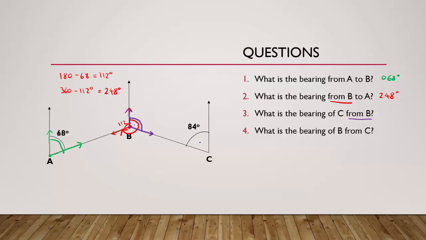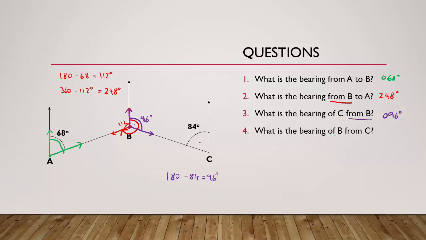So if this is 84, this will be 180 take away 84. So 180 take away 84 is 96 degrees. So this angle here is 96 degrees. So that's the angle I'm trying to work out. So my bearing is 96 degrees, but I can't just leave it like that because it needs to be a 3-digit number. So I need to stick a 0 in front of that, and 096 degrees is the correct answer.